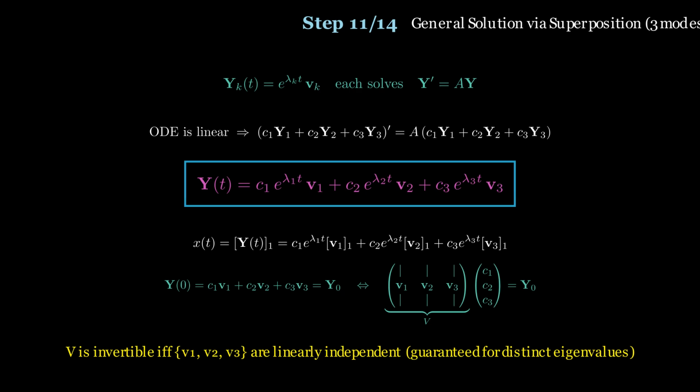To apply initial conditions at t equals 0, we set the eigenvector matrix V times the constant vector C equal to the initial state y0. This is an invertible 3x3 linear system for C1, C2, C3, invertible precisely because the three eigenvectors are linearly independent.